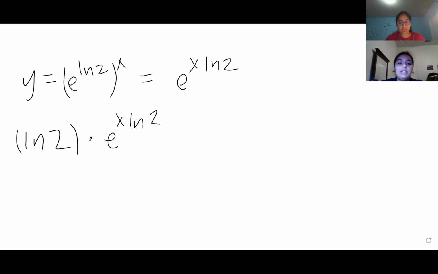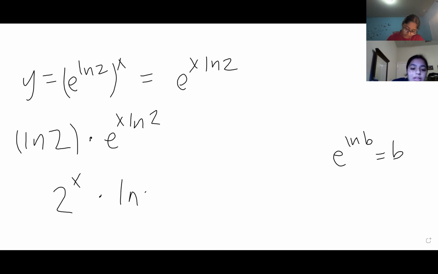So e to the power of ln b equals b. That makes sense. In this case, we have e to the power of ln 2, so we can bring the 2 down, and x stays as an exponent. So then it becomes 2 to the power of x times ln 2. And then this is the answer.